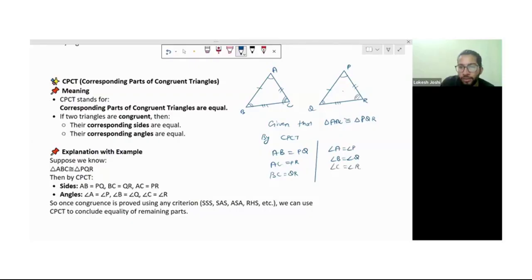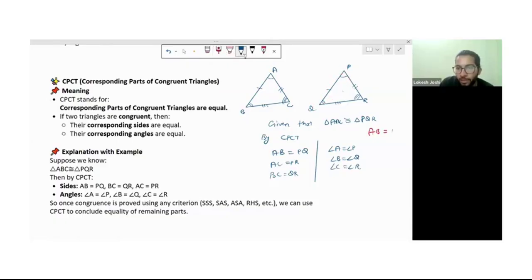But the main thing you have to keep in mind in CPCT is that if it is written that ABC is congruent to PQR, then we can take only AB equal to PQ. So you only write AB is equal to PQ.